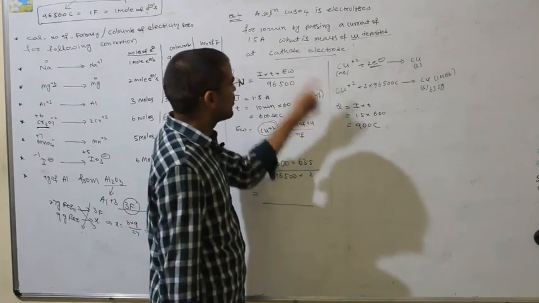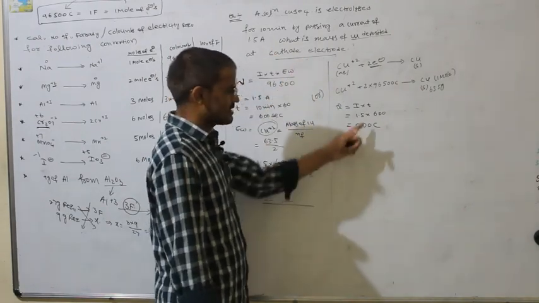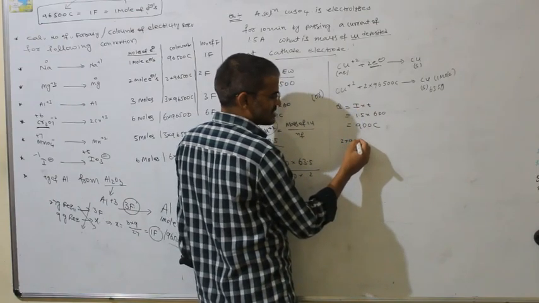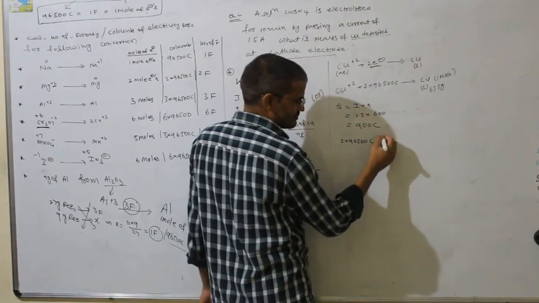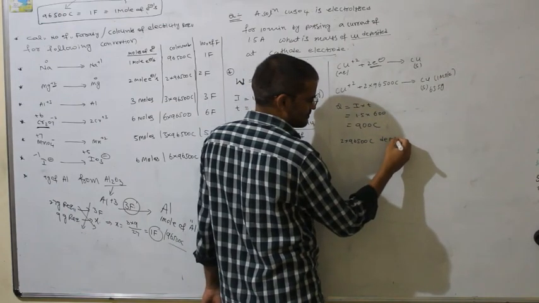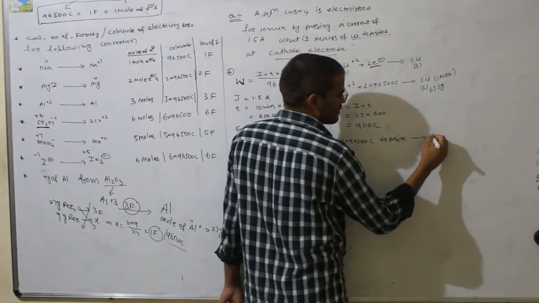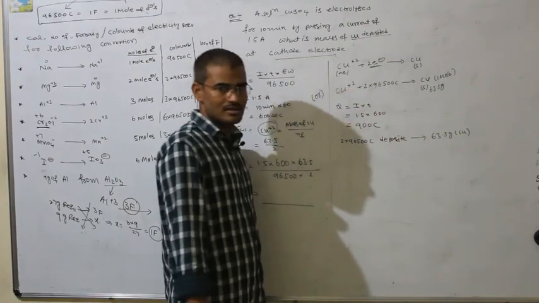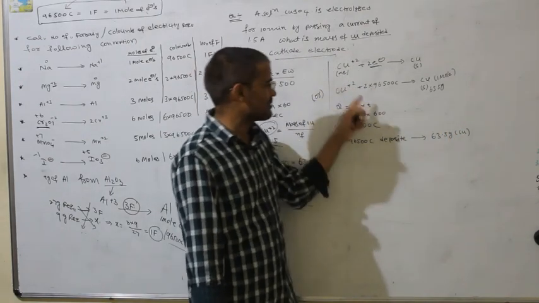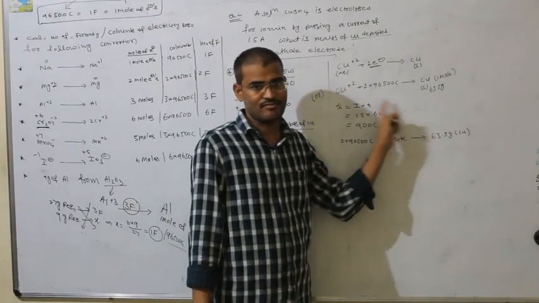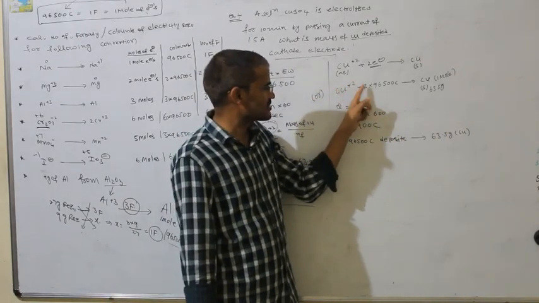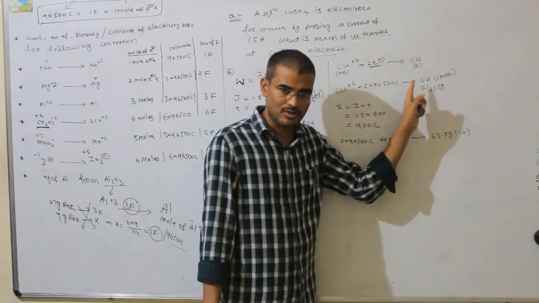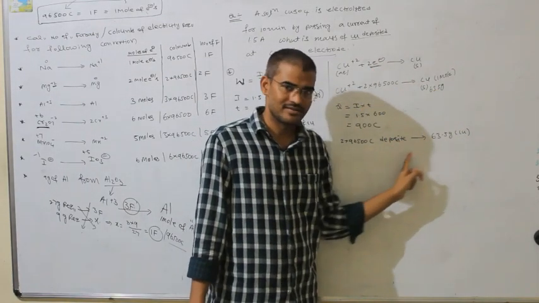So after finding how much Q we have supplied, that is 900 coulombs, now you can write 2 into 96500 coulombs deposit 63.5 grams of copper. This statement I have written from the balanced equation which you have made. The balanced equation: copper plus 2 accepts 2 moles of electrons and forms 1 mole of copper.